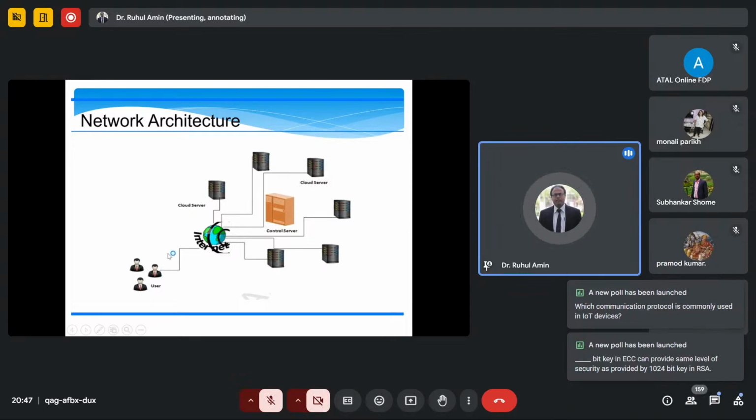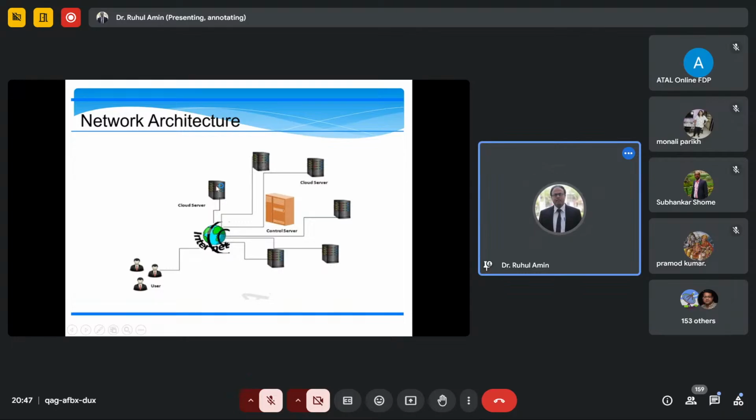They can use that key for encryption, and at the cloud server or some other server they can decrypt it. Again they can encrypt some information and send it to the user, who can also decrypt it. So what is the target? The target is that after executing this protocol, they will get a common key between the user as well as the server.